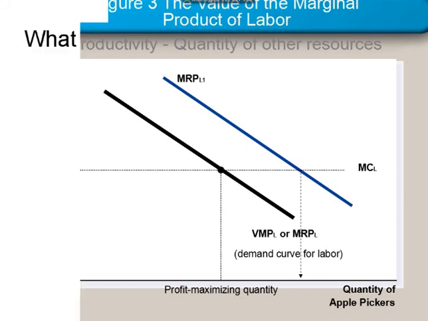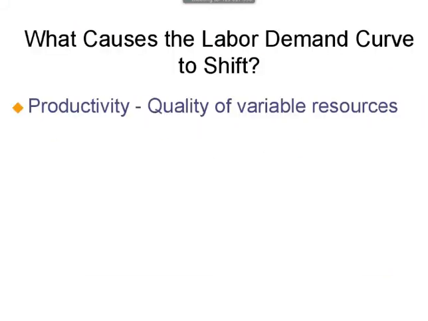Okay, next one is about quality of variable resources. Now again, when we talk about an increase in labor demand, what do we see? We see that if the quality of the labor is increased, then it is likely they will produce more.